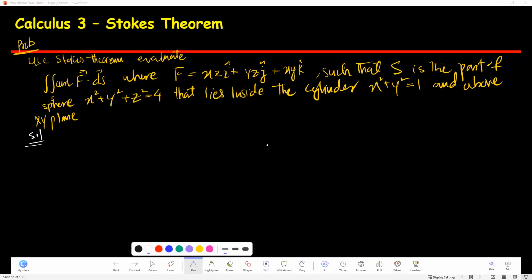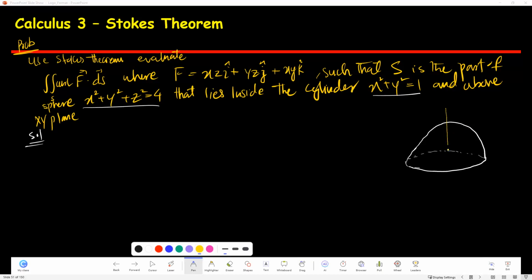Okay, so we have part of the sphere. We have a sphere like this, and then we have a cylinder like this. So really what we have is a spherical shape like this, and then we have a cylinder inside.